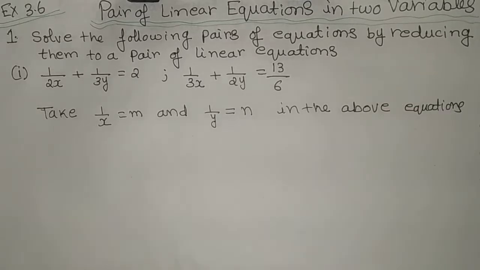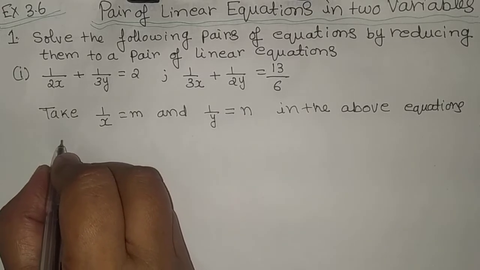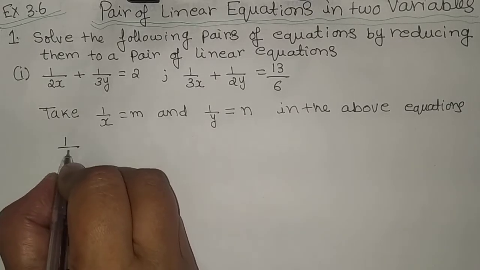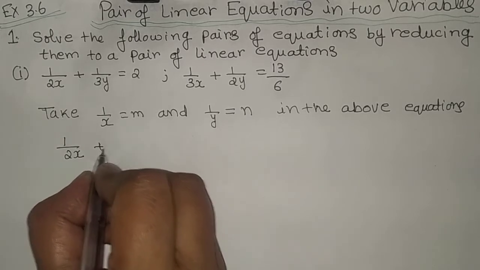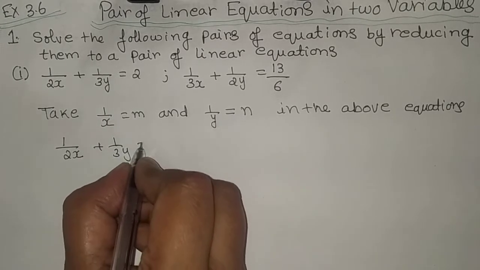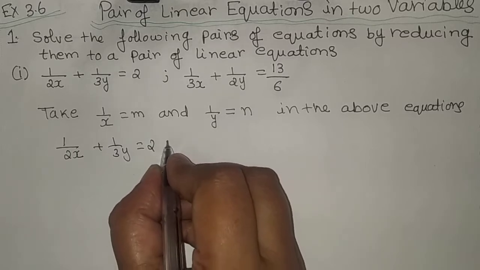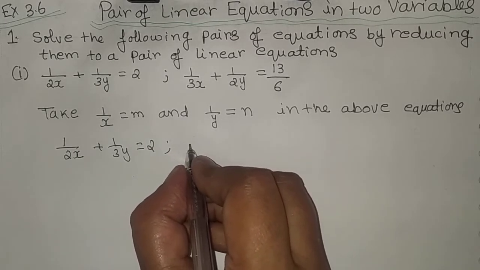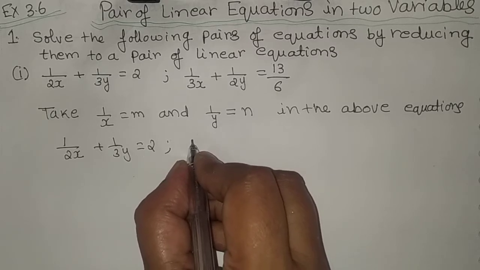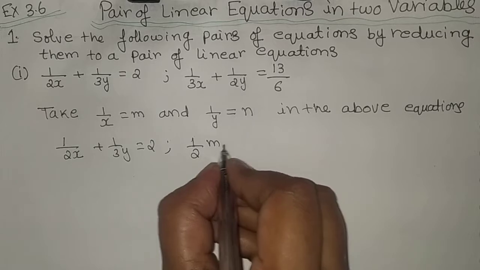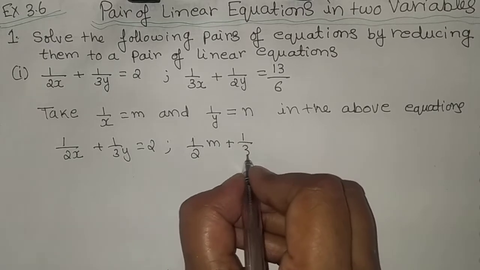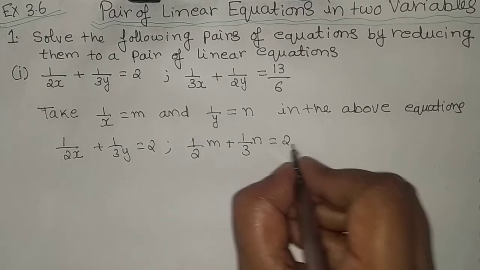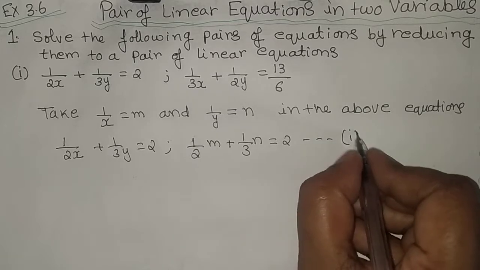Now we have to substitute this in the given equation. Take 1 by 2x plus 1 by 3y is equal to 2, the given equation. Now we just substitute these variables. So 1 by x becomes m: 1 by 2m plus 1 by 3n is equal to 2. Name this as equation 1.